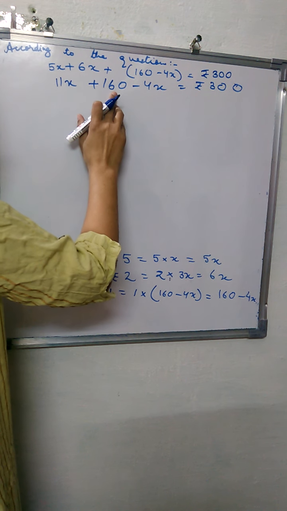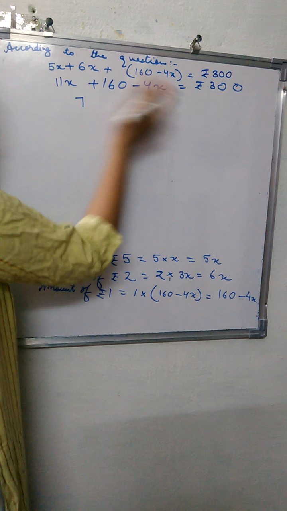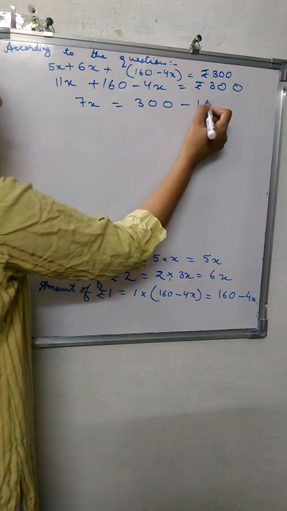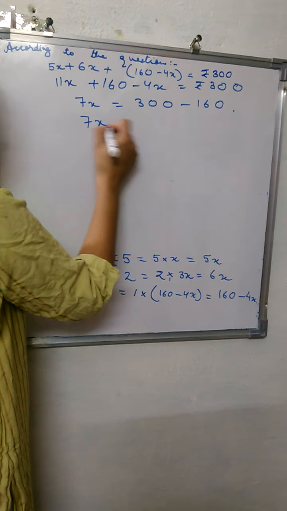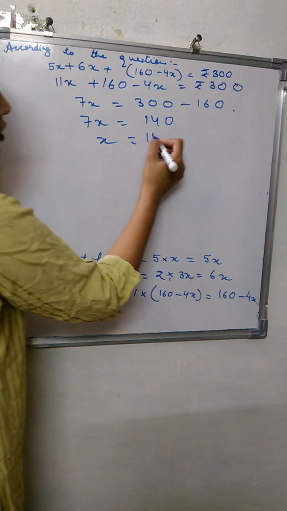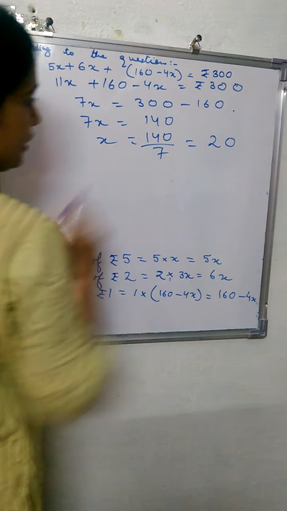So 160 will become minus, and 11 minus 4 will give you 7. So 7x is equal to 300 minus 160. So 7x is equal to 140. So x is equal to 140 by 7, that is 20.